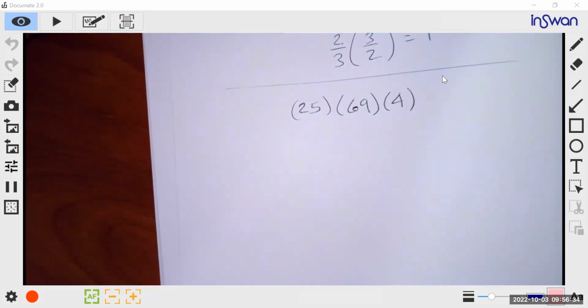Use the properties we just talked about and simplify this equation, or work it out. 25 times 69 times 4.